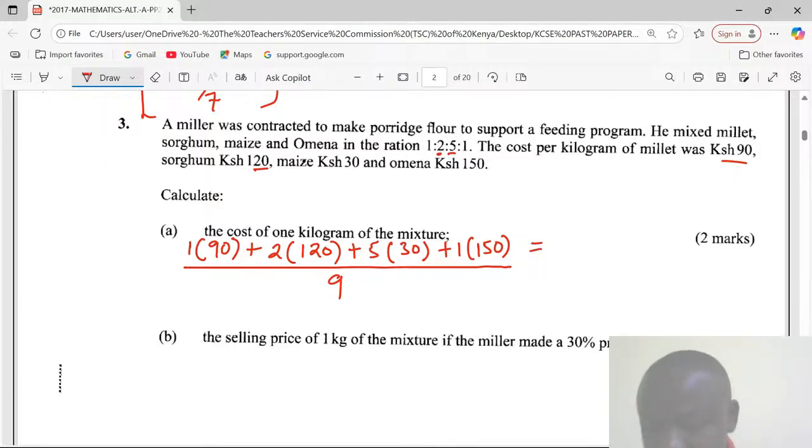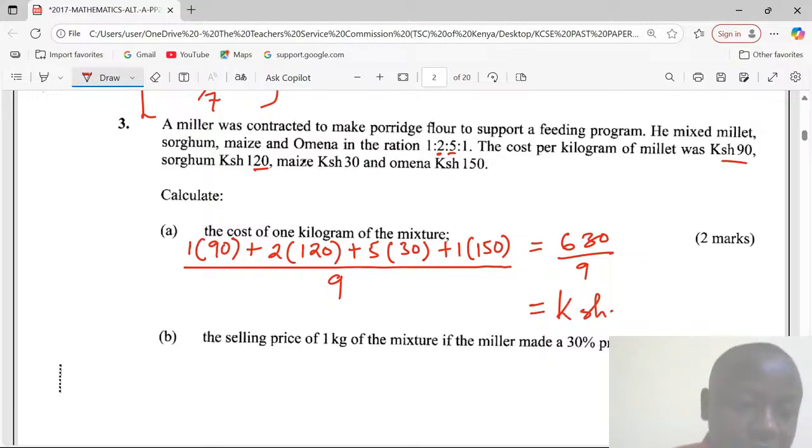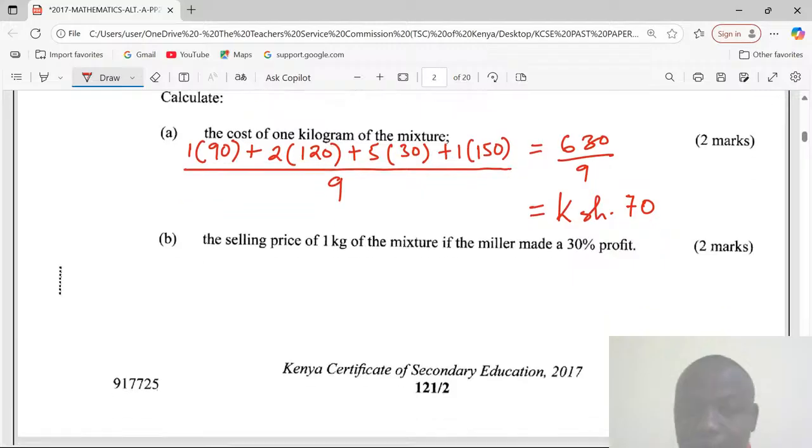Let me compile this. 90 plus 240 plus 150 plus 150 once again. I'm getting 630. Then now I divide by 9. So a kilogram of the mixture is costing exactly 70 Kenya shillings.